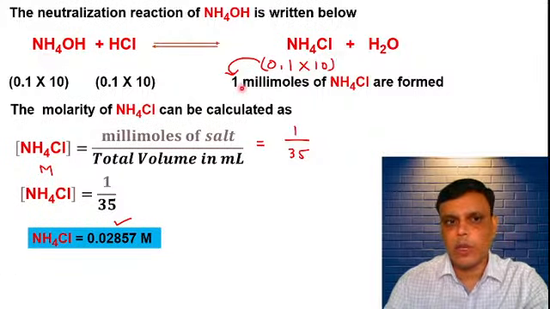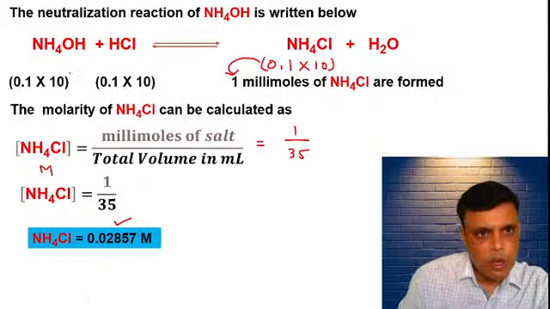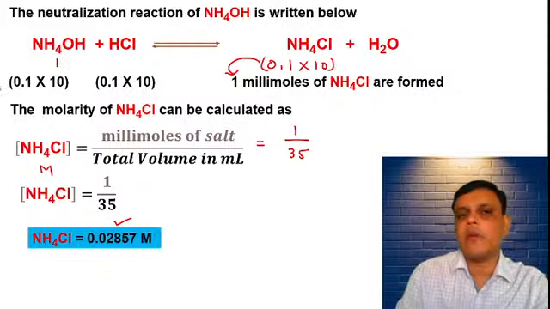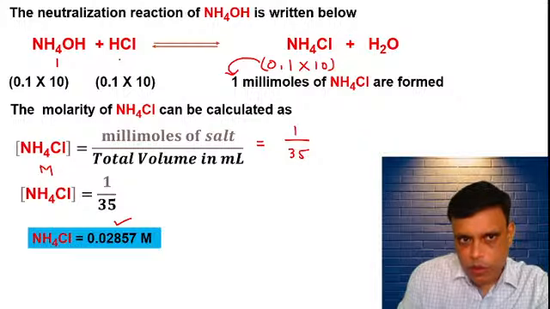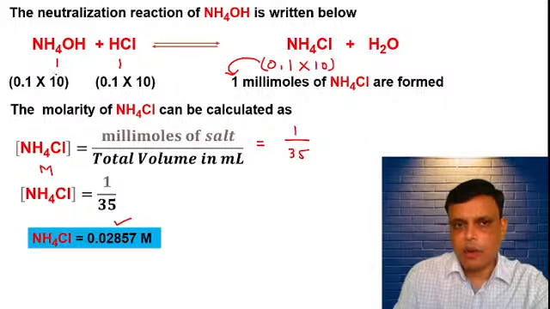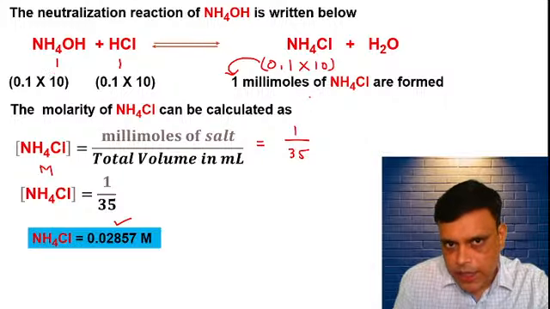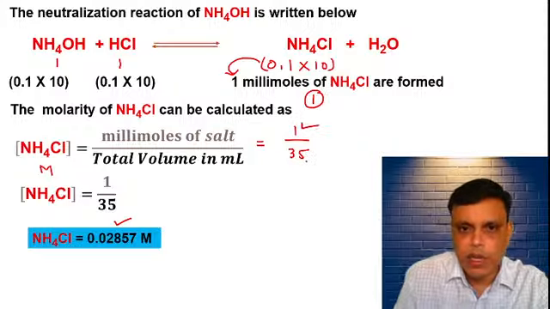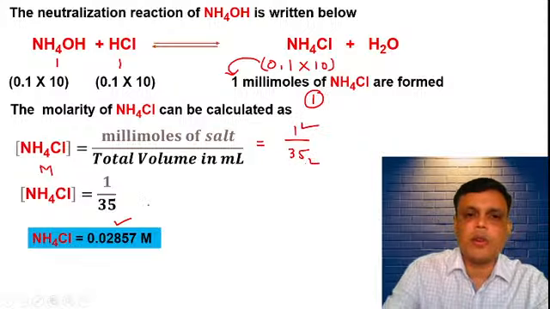That is 1 millimole. Here also 1 millimole of ammonium hydroxide plus 1 millimole of HCl. According to the law of mass action, same millimoles will get formed, that is 1 millimole will get formed. So 1 divided by 35 will come 0.02857.